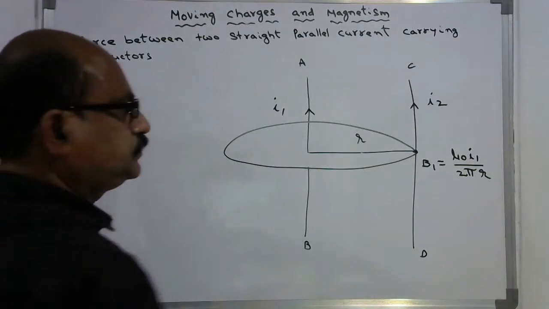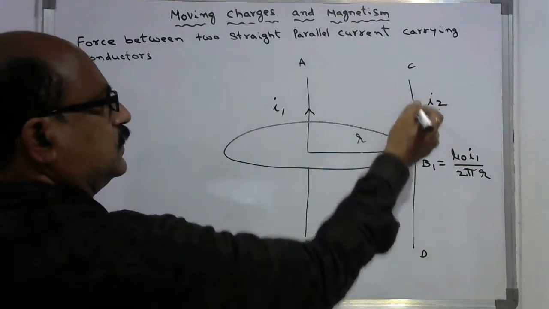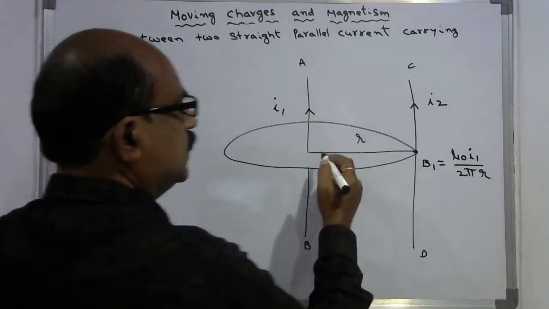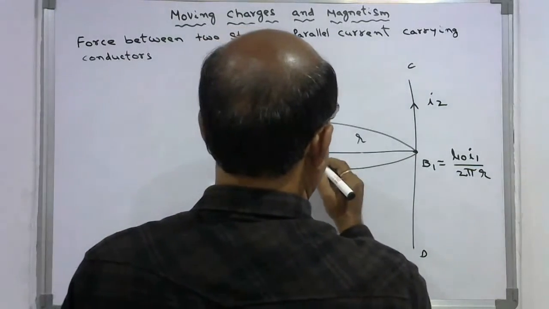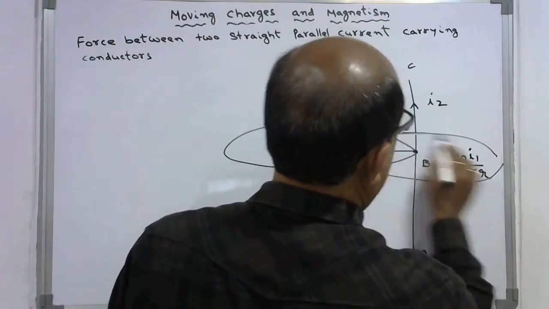Now, in the same way, as the current is also flowing through conductor CD, this will also produce a magnetic field.